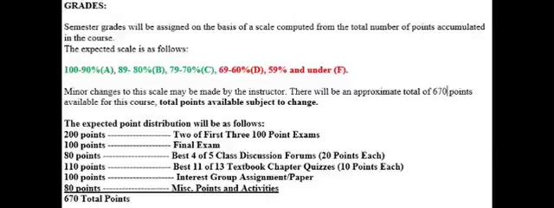Moodle does have a grade book, but Moodle's grade book is not always accurate. So what I suggest you do is that you keep a spreadsheet, you keep a list in your notebook or on your computer of which activities have been completed, how many points those activities were worth, and how many points you've earned. Then at any time during the semester, if you want to know what your grade is, you can do the math yourself and figure that out.